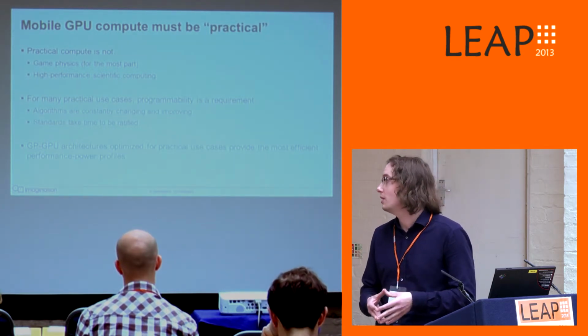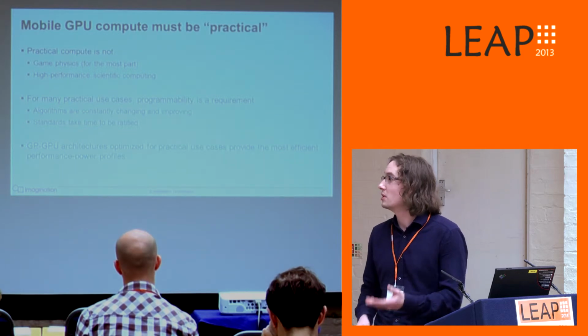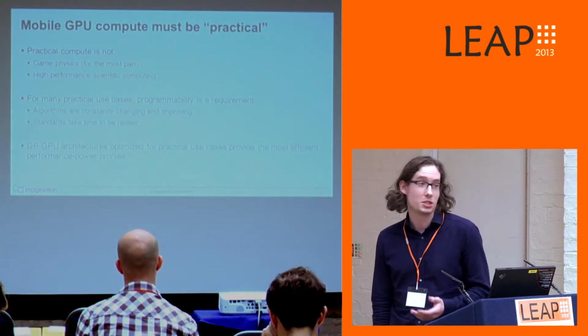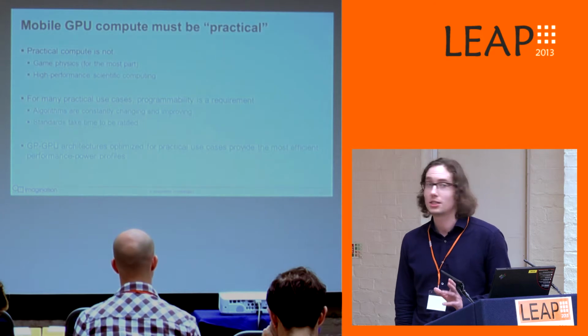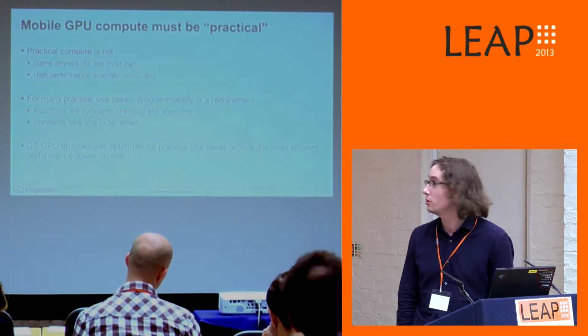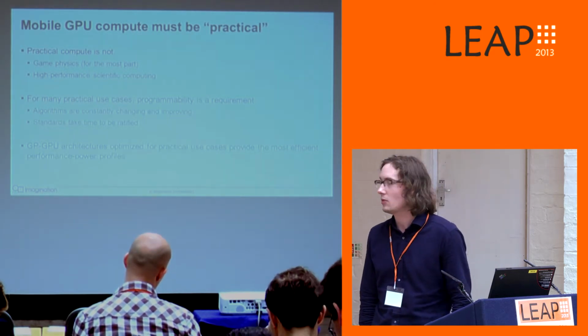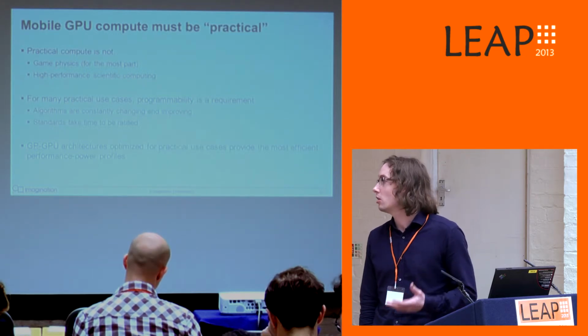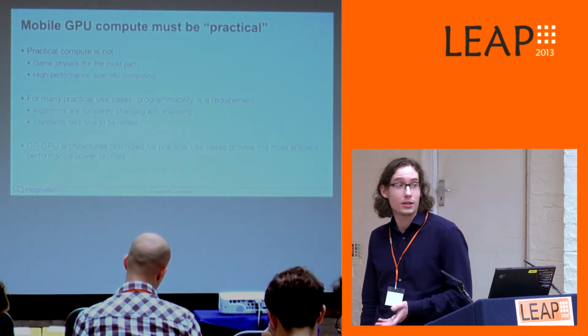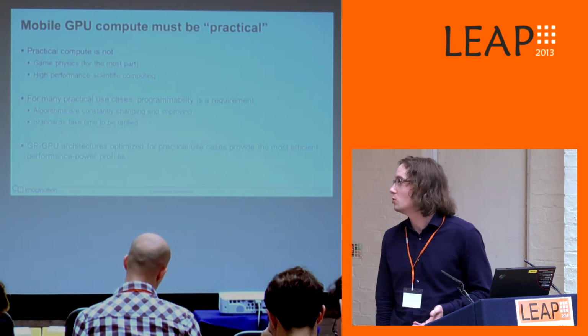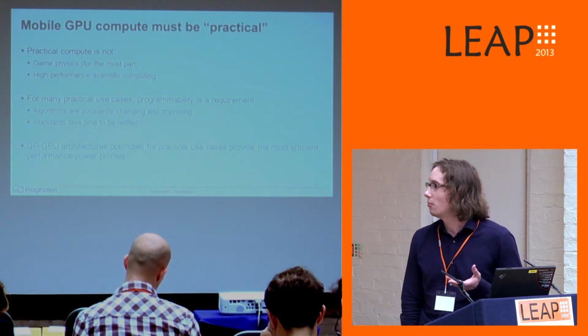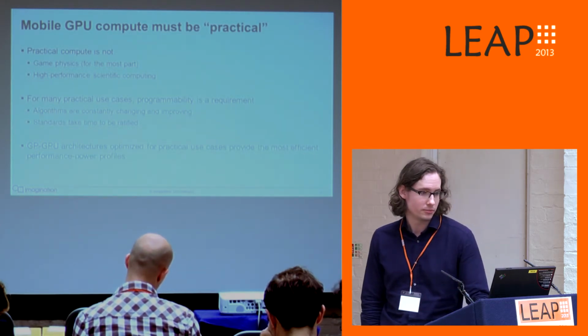So where programmability is a requirement, either because the algorithms are changing over time or there's a standard which is not yet ratified, that's a big win for computing on a mobile GPU. And our point would be that the architectures which are optimized for those practical use cases are going to be the ones which provide the best performance power trade-offs.